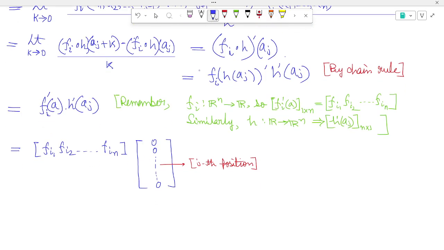If you multiply, it is 1 cross n, it is n cross 1, so you will get only a scalar, f_ij. Understand?